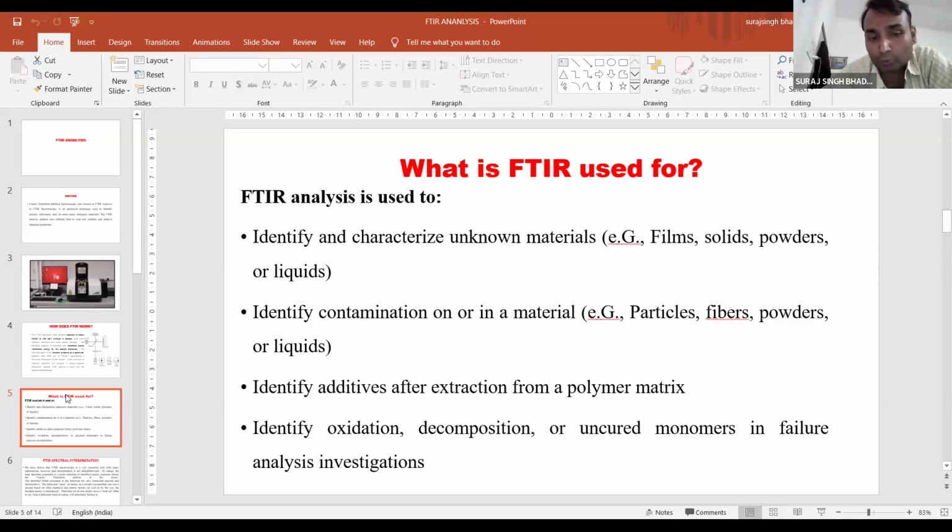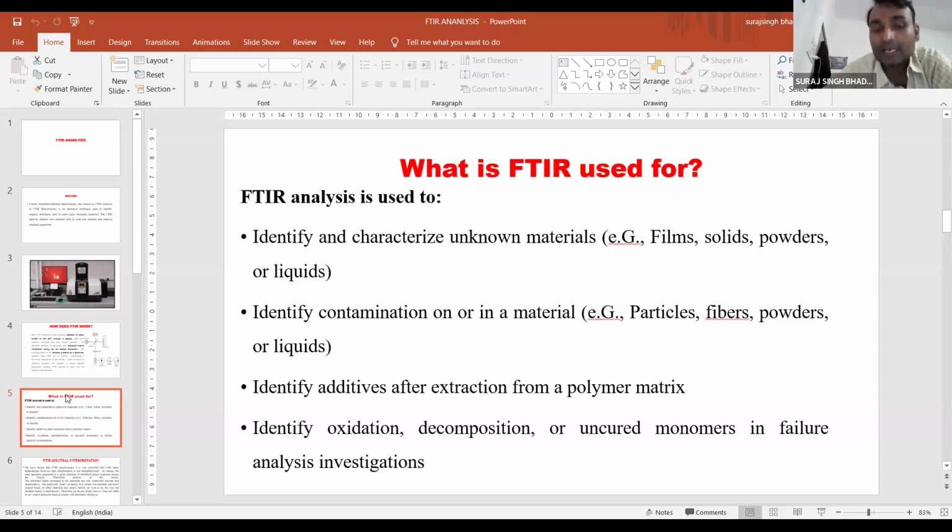The second point is identifying contamination, any type of impurities, unknown material, unknown particles, foreign particles. They are also determined by this type of spectrophotometer.